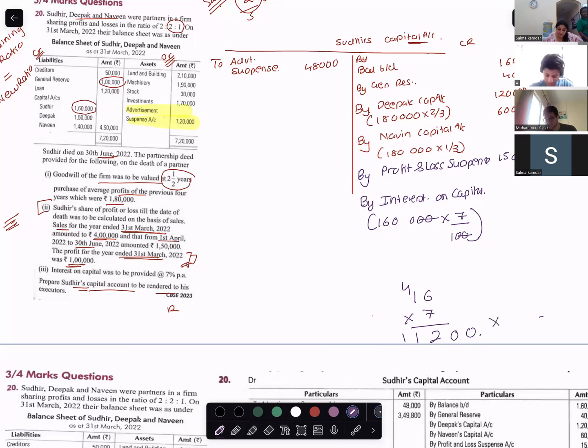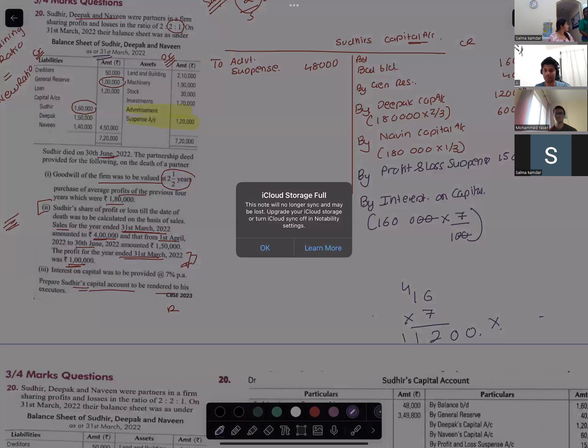But up till the date of death. The year is ending on 31st of March, so up till the date of death is June. So for how many months?